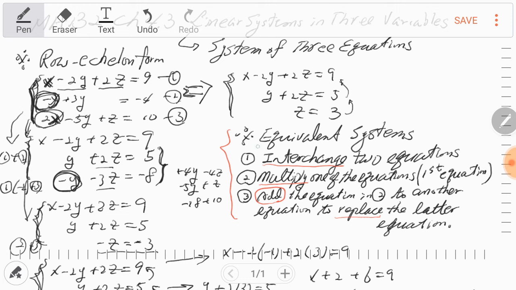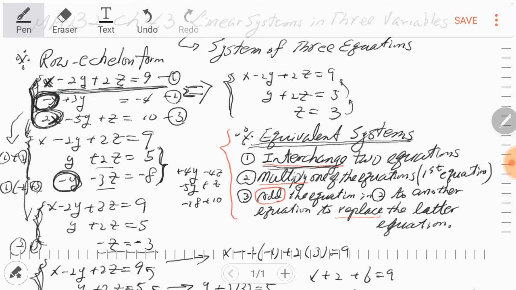And this is important. Okay, the operations to make equivalent systems: we can interchange 2 rows in the system. We can, and then we have to multiply. We have to eliminate one of these 3 variables. So it is best to eliminate the x term. So using the first equation, multiply by any number that is necessary to eliminate the x term in the second equation and third equation.